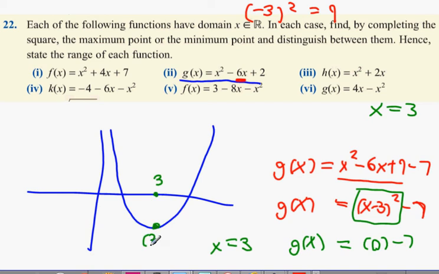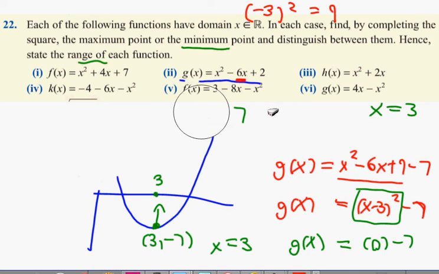So this point here is the point 3, minus 7. I found the minimum point, okay? And then it's a minimum point, and I'm only allowed to have y values above minus 7. Do you understand that? The y value will never go below minus 7. So this means that the range is any g of x that's bigger than or equal to minus 7. That's the U-shaped question.